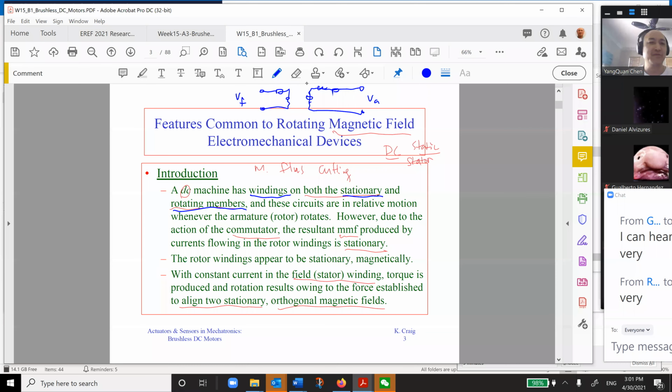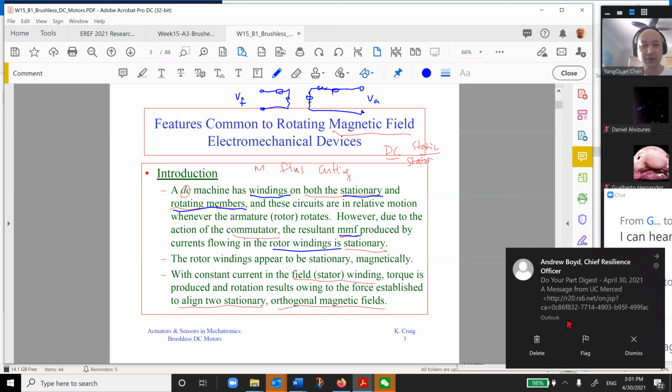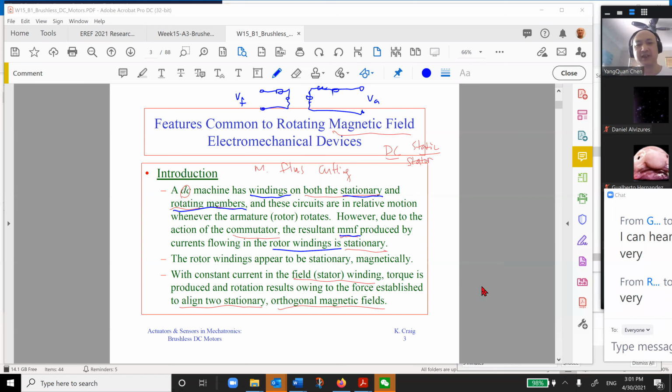Then you have a commutator. So for the rotor windings, we can consider the magnetic motive force produced by the current flowing in the rotor windings. The rotor windings appear to be stationary magnetically.